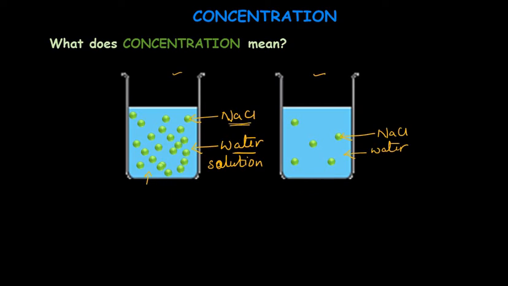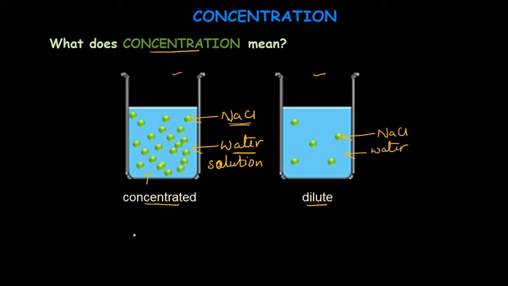That's the reason that we call the second solution a dilute solution and the first solution a concentrated solution. But when we say dilute and concentrated, what does that mean? Dilute means how much dilute and concentrated means how much concentrated is our solution. So that is defined by the term concentration.